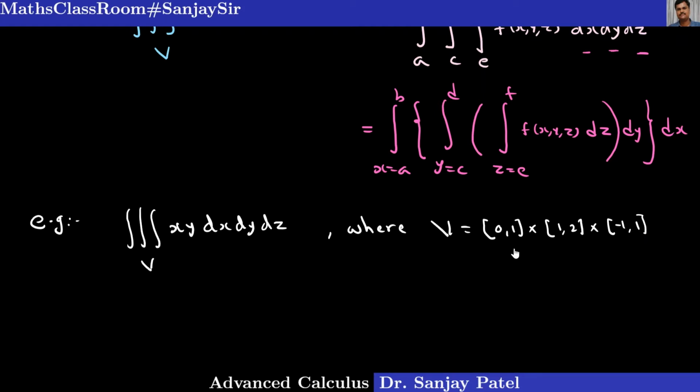So it is the set of all x, y, z, where x belongs to this, y belongs to this, and z belongs to this. More precisely, we can write this way also. The volume is actually the set of all x, y, z in R3 such that x belongs to closed interval 0, 1. So 0 less than or equal to x less than or equal to 1. Y is between 1 and 2 and z is between -1 and 1.